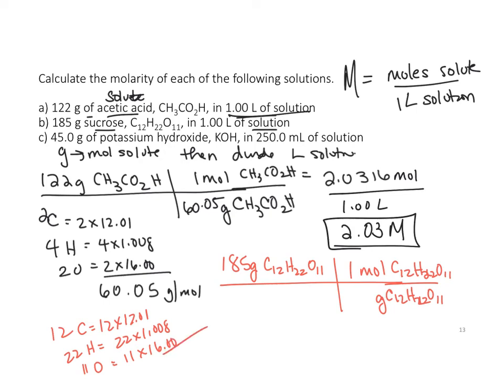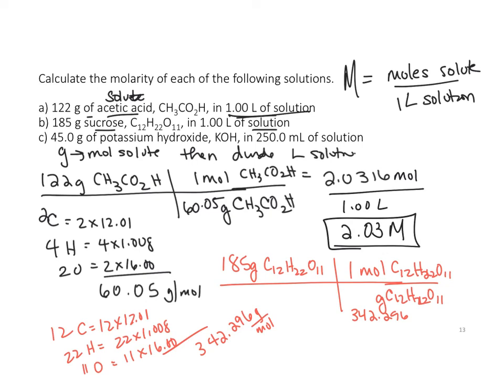So let's see what we have here. 12 times 12.01, 22 hydrogens. Did you get 342.296 grams per mole? So we put that 342.296 grams per mole.